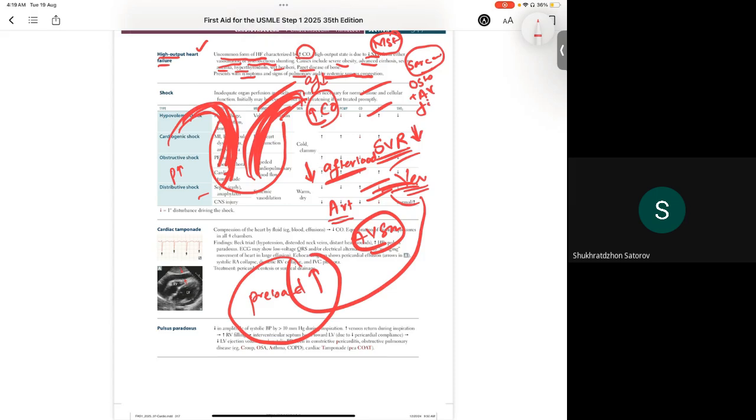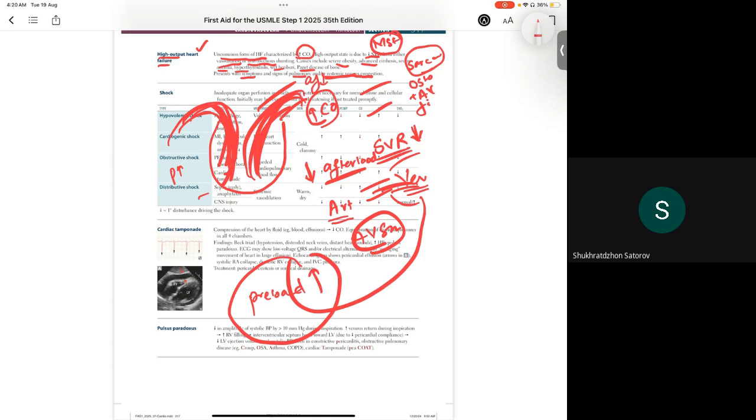Any questions? I'm just trying to get it. It means that the cardiac output is higher than normal due to increased peripheral pressure. Yeah, because cardiac output is more. Why?